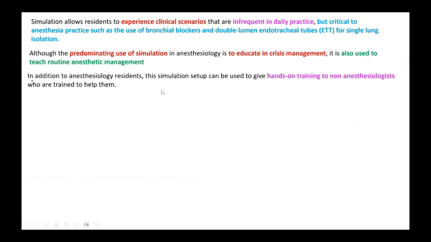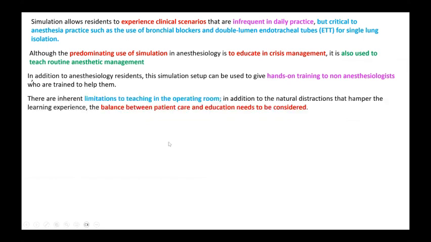And in addition, hands-on training can be given to non-anesthesiologists or paramedical people also. So it is not only for the anesthesia residents, but paramedical staff, nurse anesthetists, theater people, everybody can be trained there. And there is a limitation to teaching in the operating room.